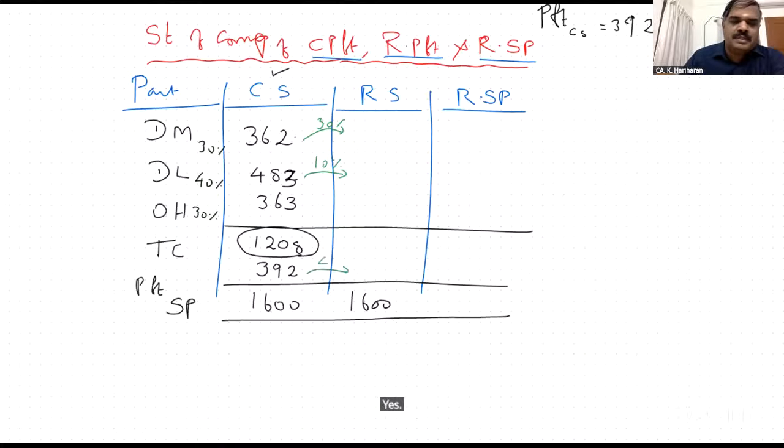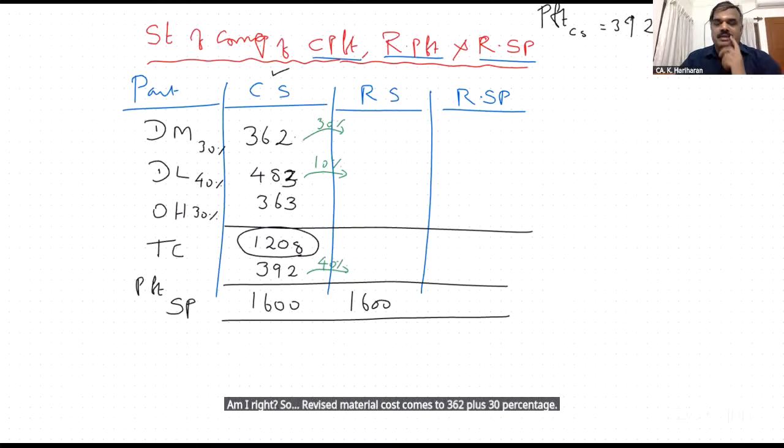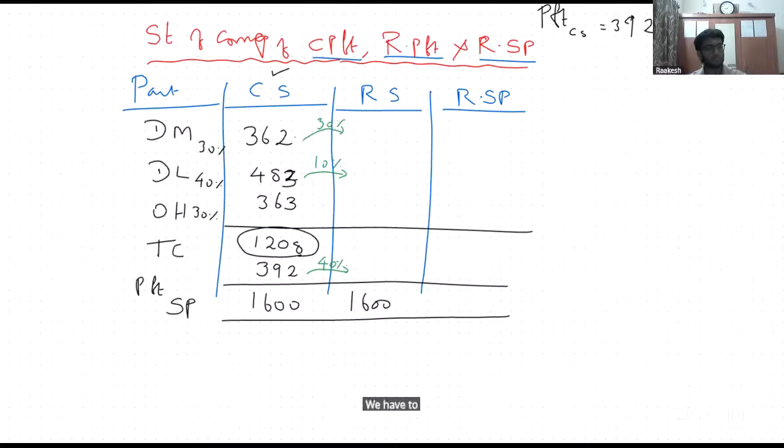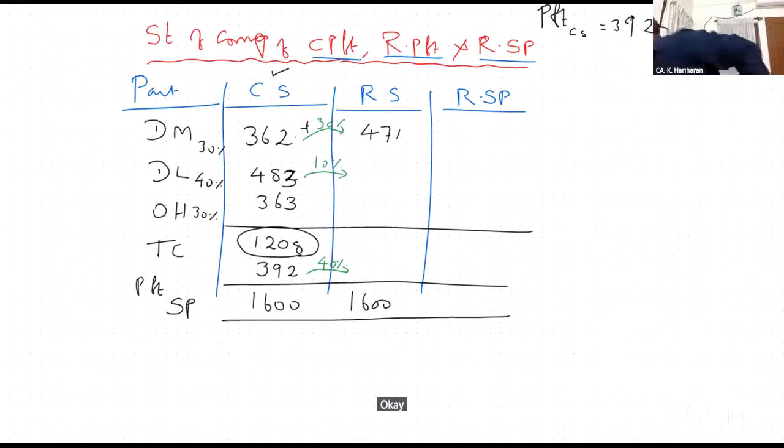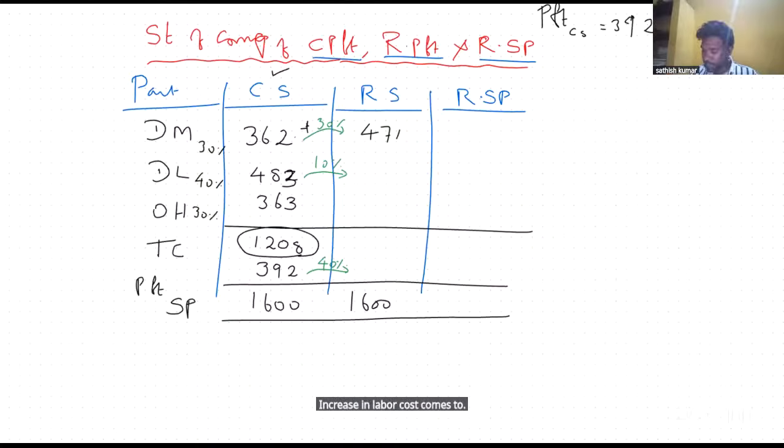Revised material cost comes to 362 plus 30%. We have to add, increase it. 471. Next, increase in labor cost comes to 531.